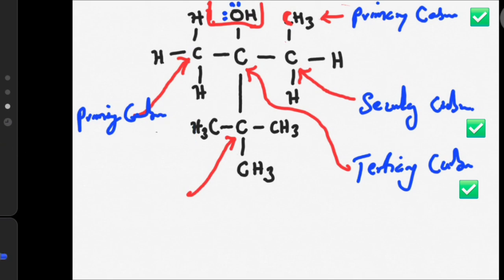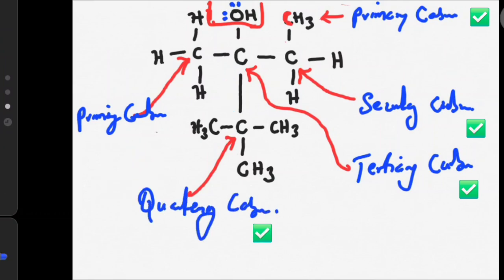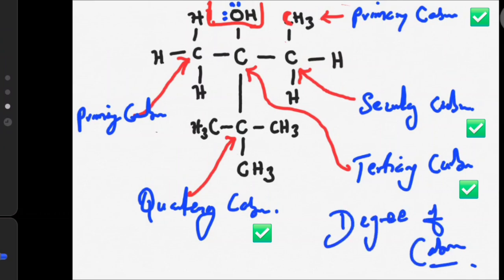This carbon is attached to this carbon, to this carbon, also to this carbon, and finally to this carbon. So this carbon alone is attached to 4 carbon atoms, so we call this a quaternary carbon. So this is how you get to know the degree of carbon: primary, secondary, tertiary, and quaternary carbon.